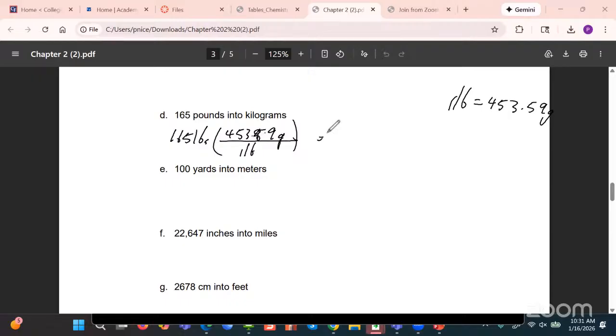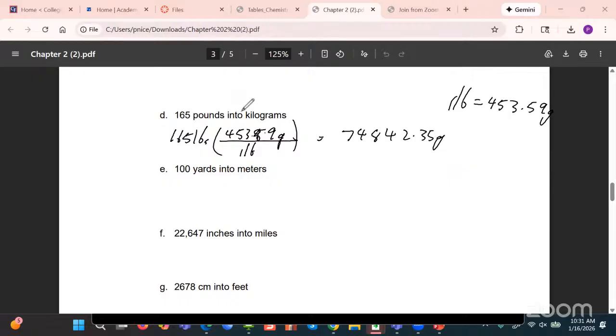So here it's 165 multiplied by 453.59, and I got the answer 74,842.35 grams.